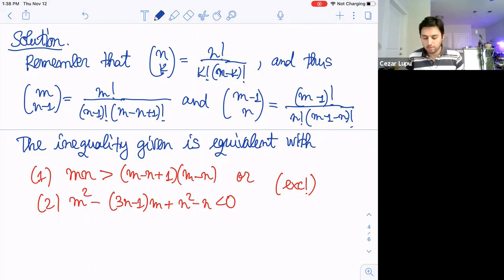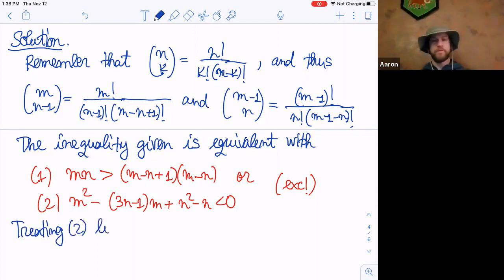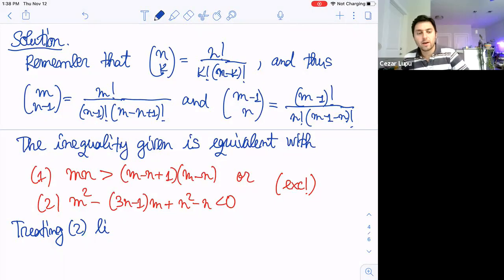So if you compute the roots of the second one, you'll get something. Treating this as a quadratic, you'll have two roots in terms of n, m1 and m2.